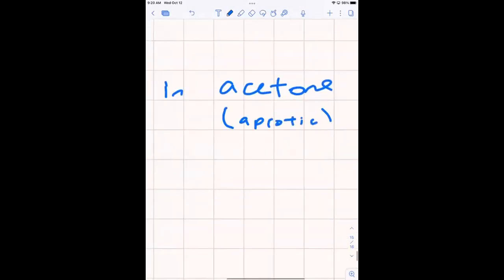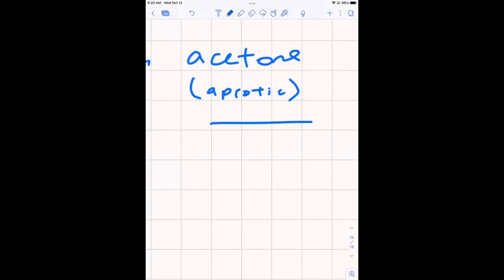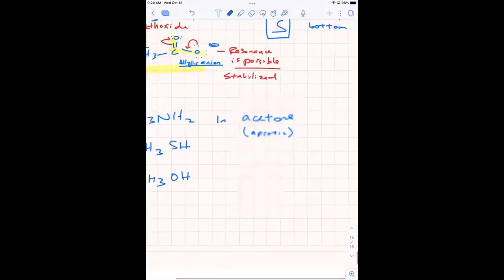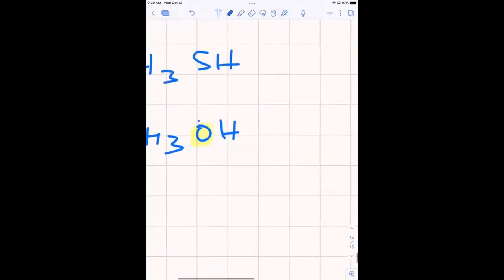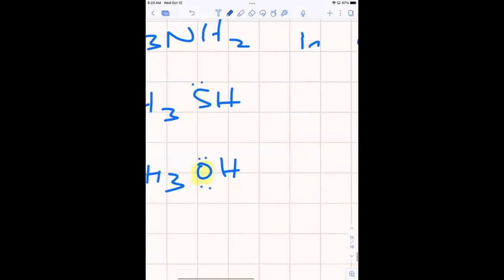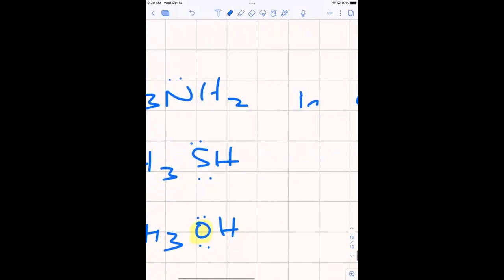Acetone is aprotic. So the trend in aprotic solvents is decreasing from left to right and decreasing from top to bottom. So what we're comparing is oxygen. Let me put some lone pairs in as the nucleophile, sulfur as the nucleophile, and then nitrogen as the nucleophile. So these are the three atoms that we're looking at.